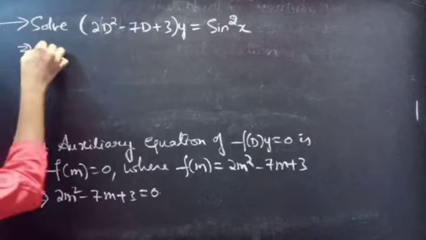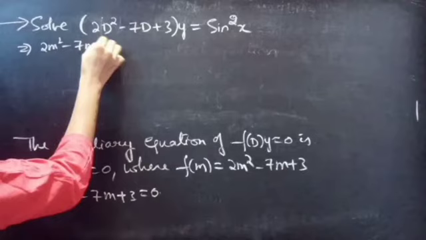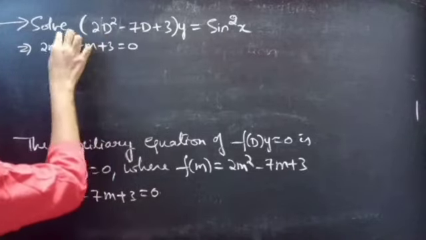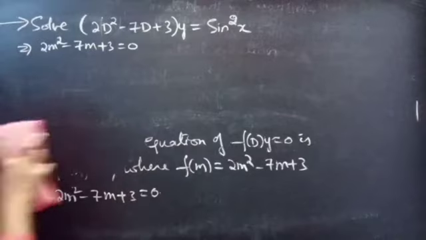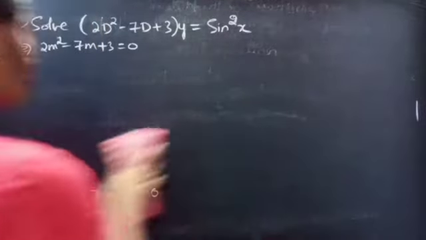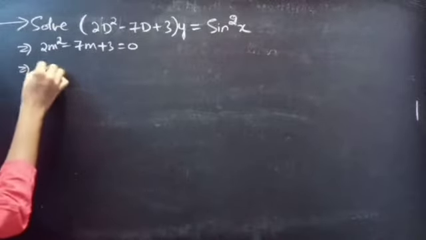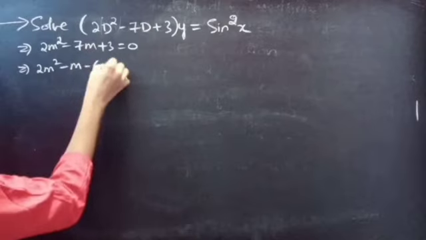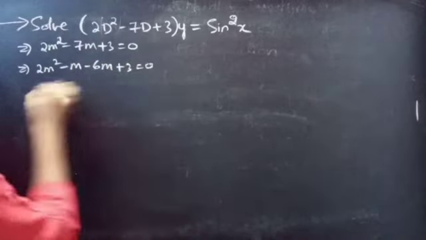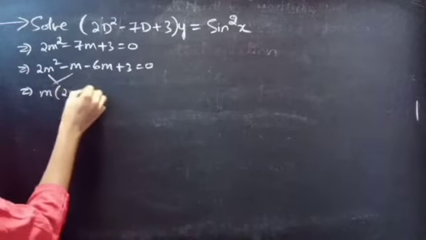So we'll find the roots in two ways. Split −7m as −m − 6m. Now take m common from the first two terms, we'll get m times (2m − 1).